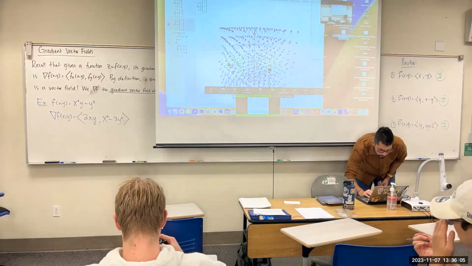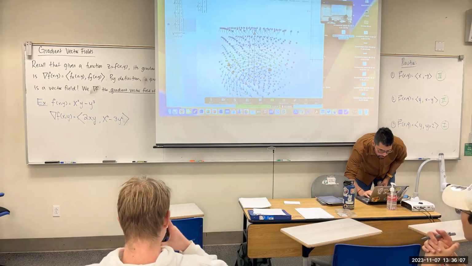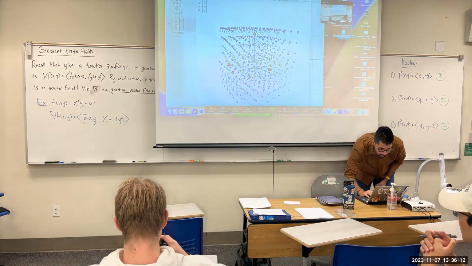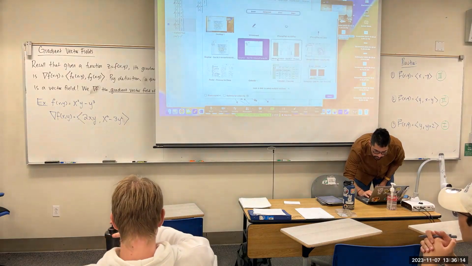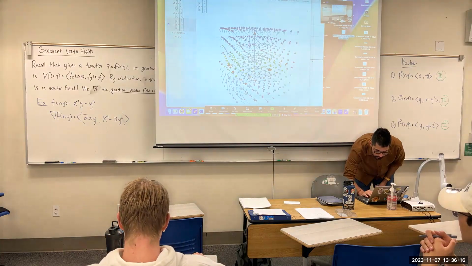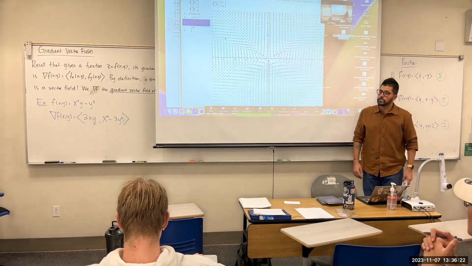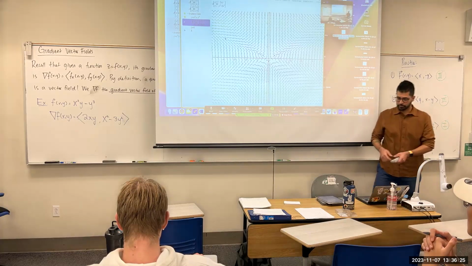So, do I have it here? Oh, this is a 3D one. Oh, here it is. It's hiding. Okay, so here is this vector field right here. It looks like that. Okay.